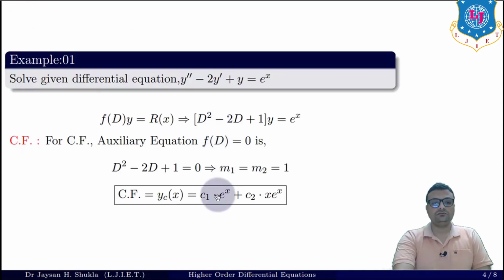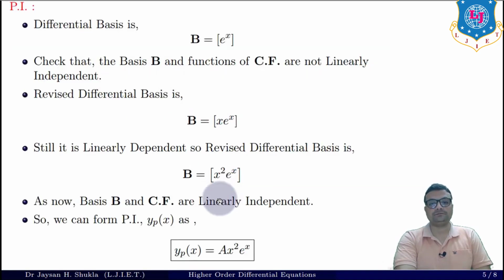So we need to revise our differential basis. The rule to revise the differential basis is to multiply each and every element of this set by the free variable x. So here I multiply e raised to x with x. Then again I will check whether there is any repetition between this new basis and the complementary function.